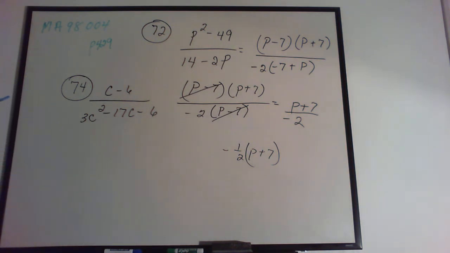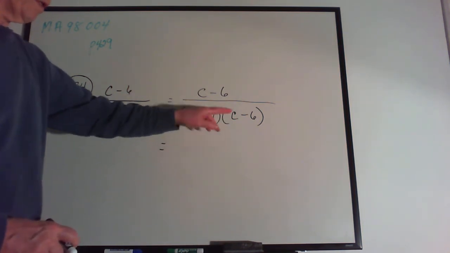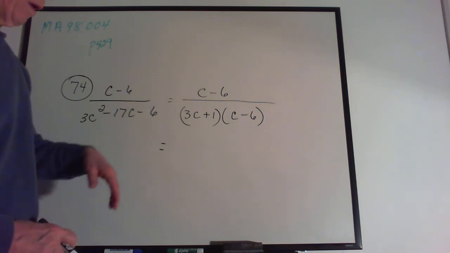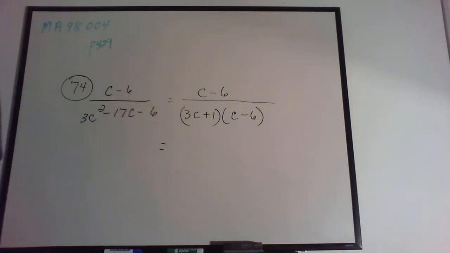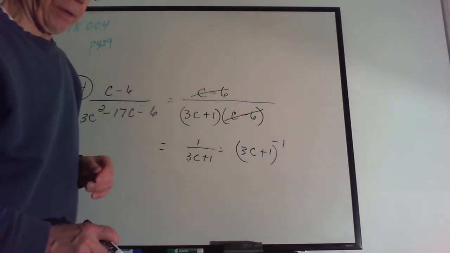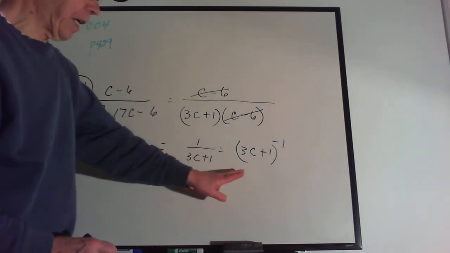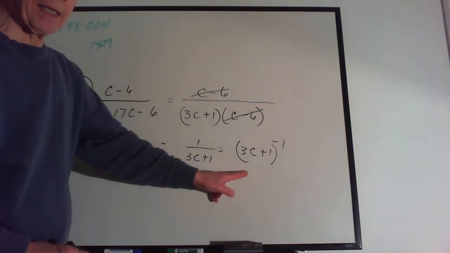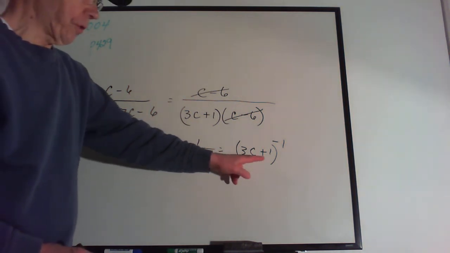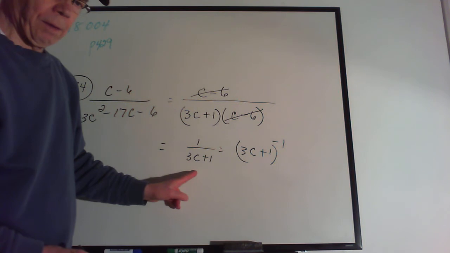Then check your work. All right, if I factor it, I'm going to get 3c plus 1, parentheses, c minus 6. Now, what can I cancel here? Go ahead and cancel what you think. Pause the video and cancel. See how you do with it. All right, I can cancel c minus 6 and the c minus 6. And then I have 1 over 3c plus 1, which I can write this way if I want to, but it's not the way you're going to see it. You should know that you can do it both ways. Now remember, if you get something like this, it gets written this way.